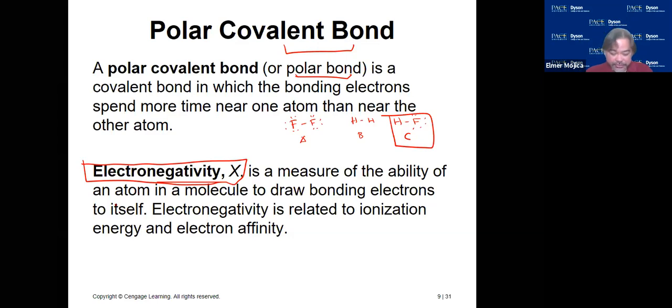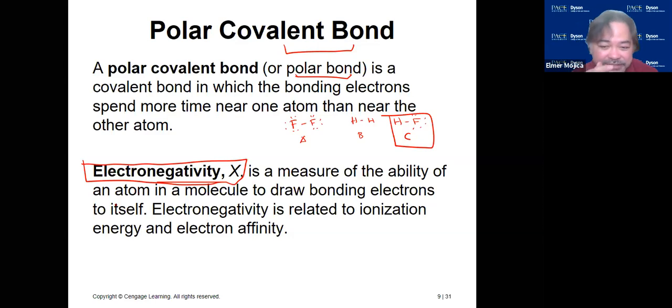So my question now is, which do you think has a higher electronegativity value, the smaller atoms or the bigger atoms? The smaller atoms.